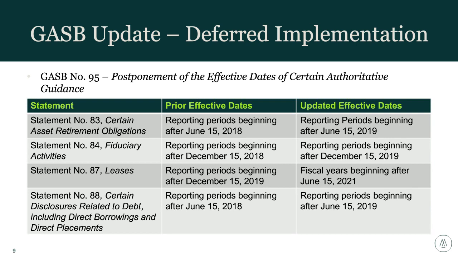And you have a list here of the various statements that have been delayed. Most of these are delayed by 1 year, with the exception of leases. GASB did give 18 months on the lease standard, as well as the implementation guide that relates to leases. All the other standards, those are delayed by 1 year.